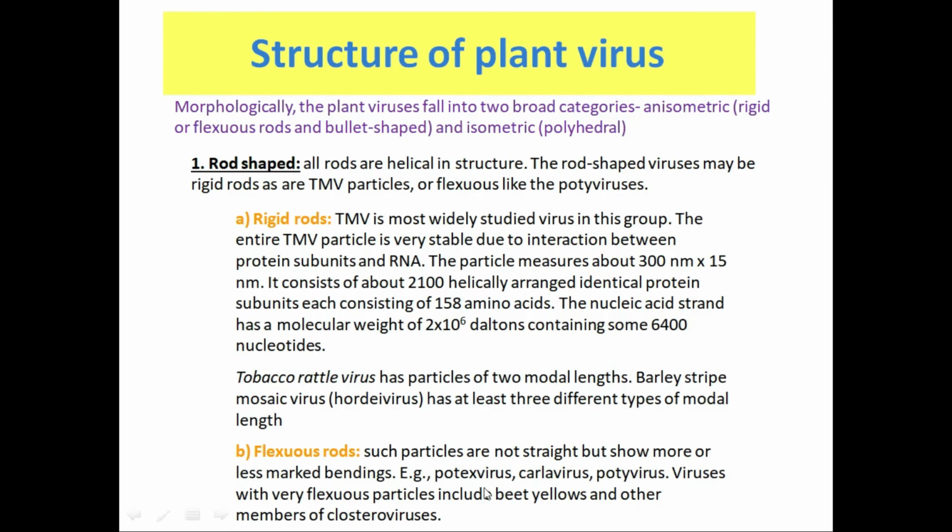Then come flexuous rods. Such particles are not straight but show more or less bendings, marked bendings, like Potexvirus, Carlavirus, Potyvirus. So viruses with very flexuous particles are these Potyviruses, citrus tristeza virus, and other members of the Closterovirus group. So this is the longest virus here, Closterovirus.